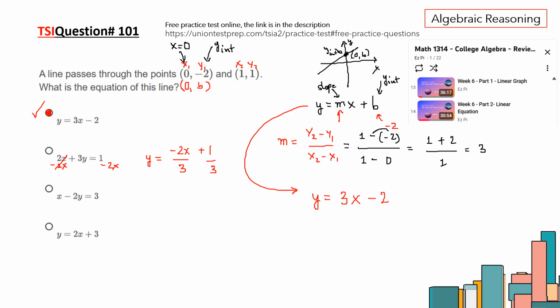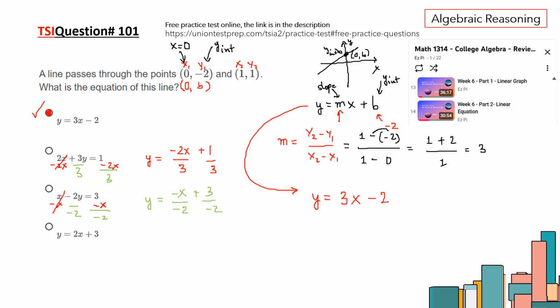Now this one, if you solve for y, you subtract x from both sides, this is gone, and you divide both sides by -2. So this one will be y equal to (-x + 3) divided by -2.